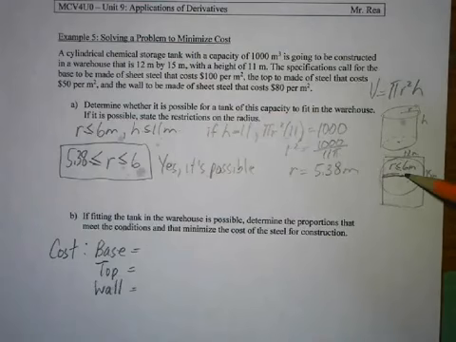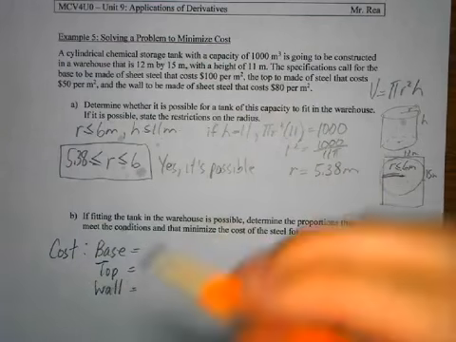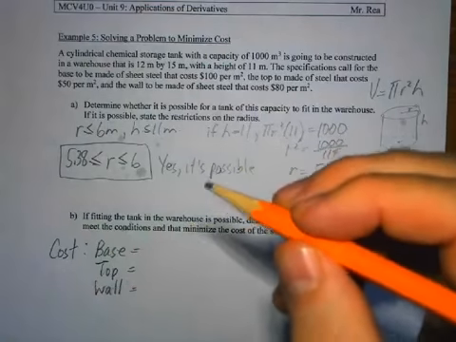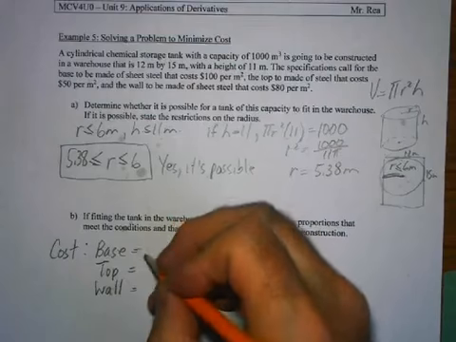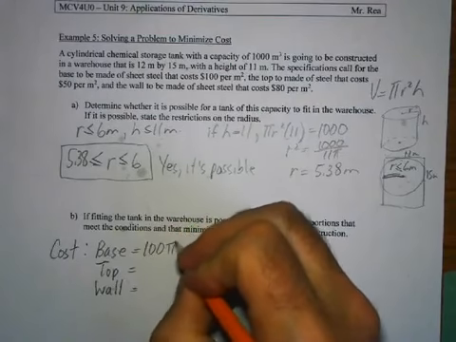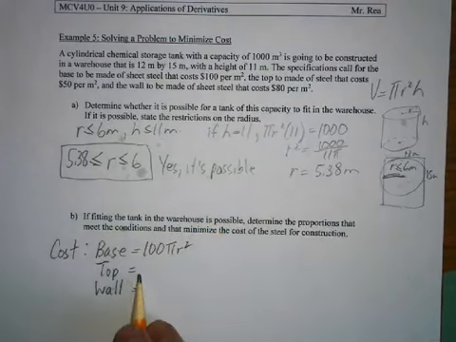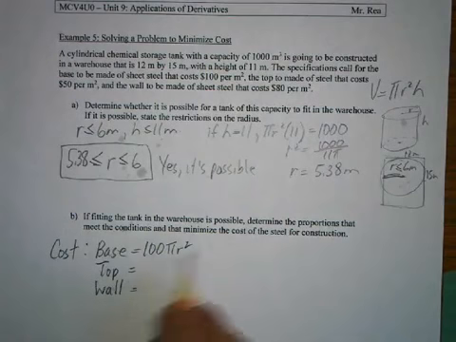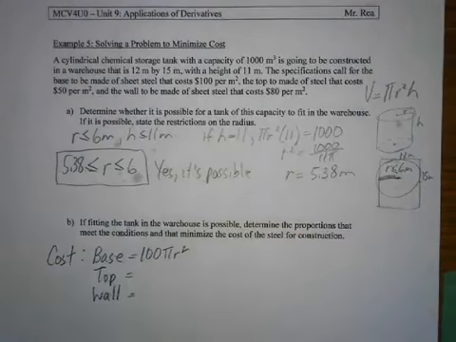It's pi r squared times the cost per square meter, so that's 100 pi r squared. The top, again, is the same pi r squared, but this time it's $50 instead of $100 per square meter, so that's 50 pi r squared.